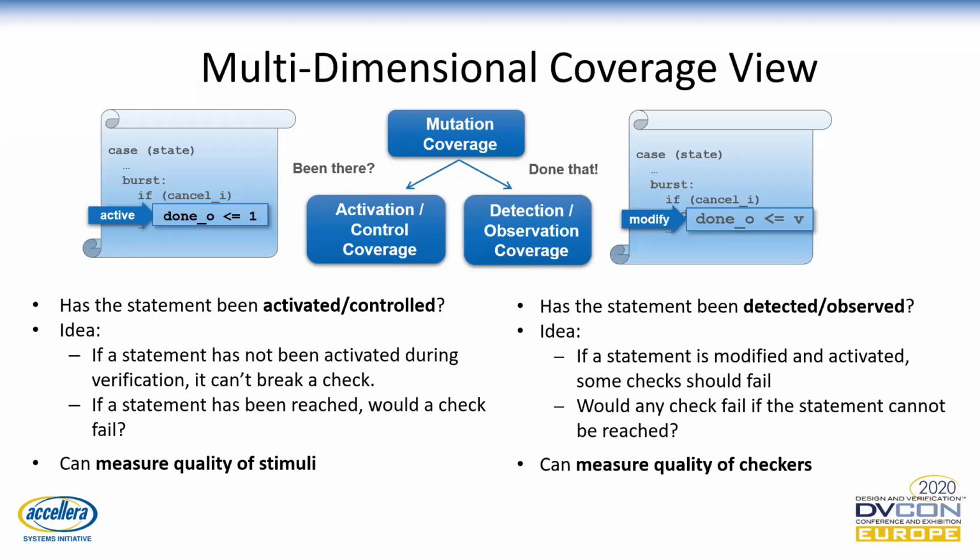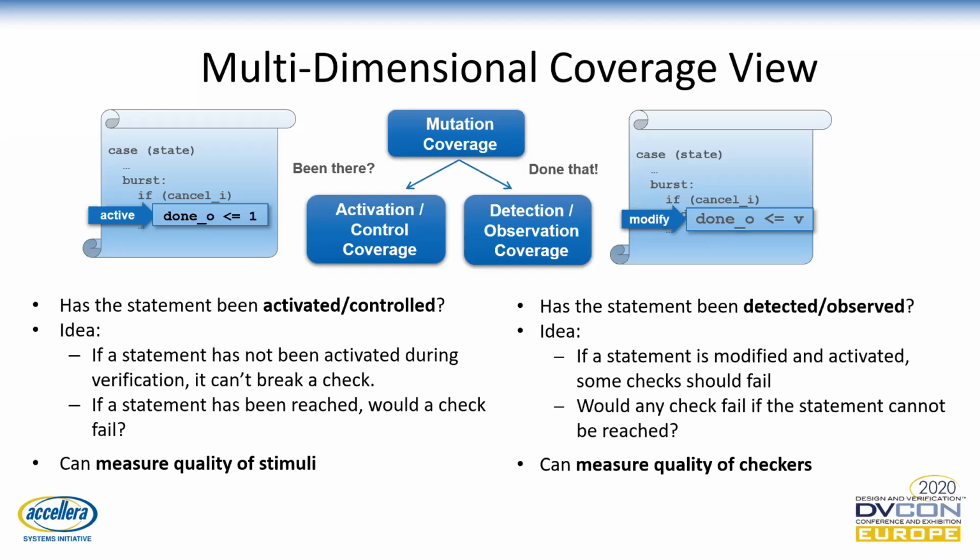On the other hand, we have the detection or observation aspect. This is a follow-up from the activation, so first a statement needs to be activated in order to be detected.